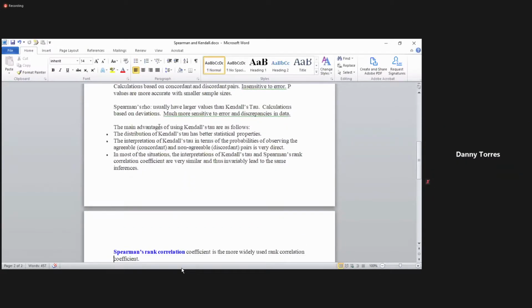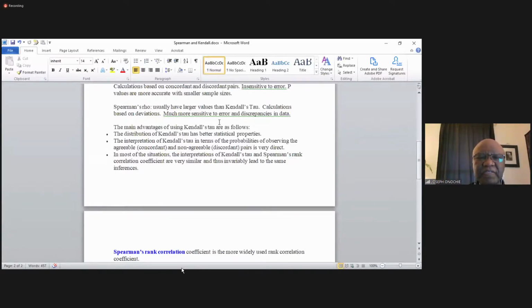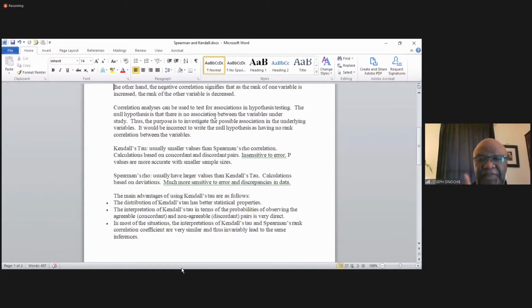Here it says the main advantages of using Kendall's are the following. So you can read this. This is in everyday language. I don't need you to be any fancy statistician. The only fancy thing you need to understand is what is meant by concordant and discordant when you talk about Kendall.